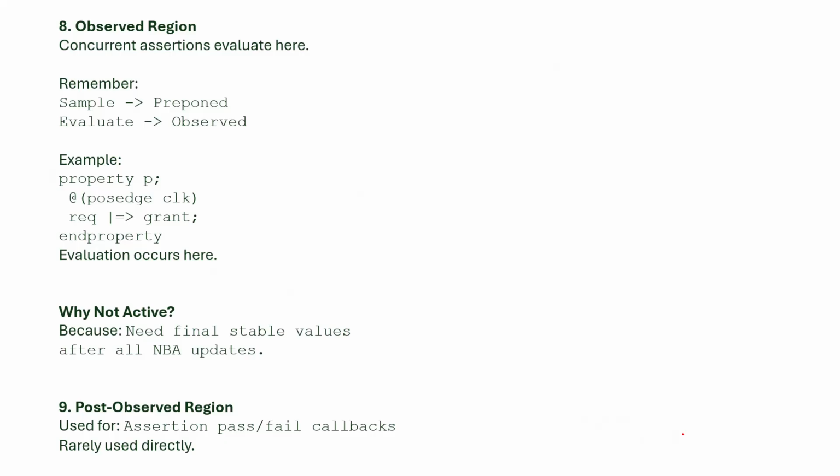Once the assertion sampling is done, the output evaluation will be done in this observed region. So in the observed region, concurrent assertions are evaluated. In two regions, assertions are taking place: sampling is done in the preponed region, evaluation is done in the observed region.